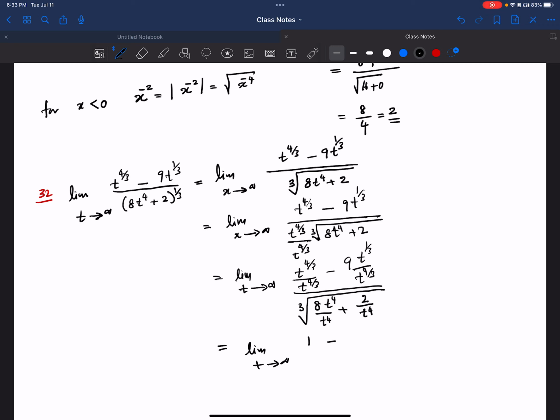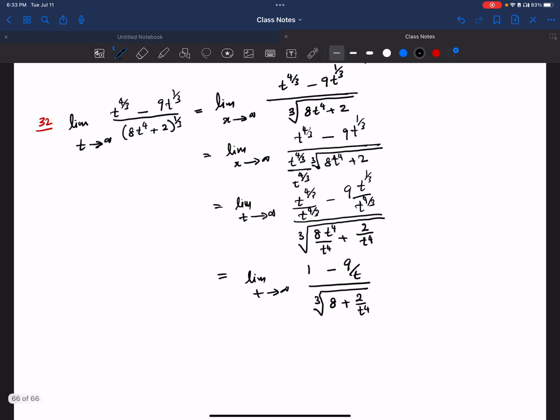3/3 means 1, so you have 9 divided by t here. And this is the cubic root of 8 plus 2 over t to the power 4.